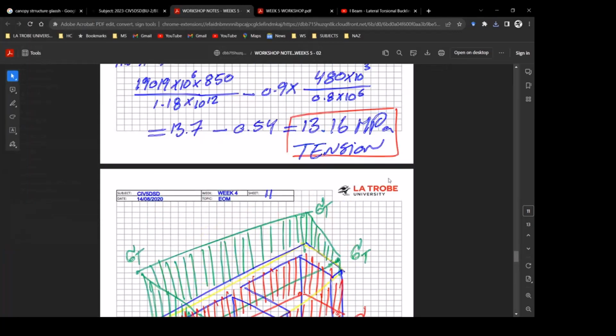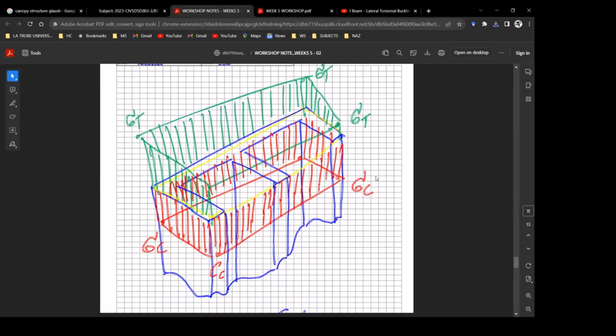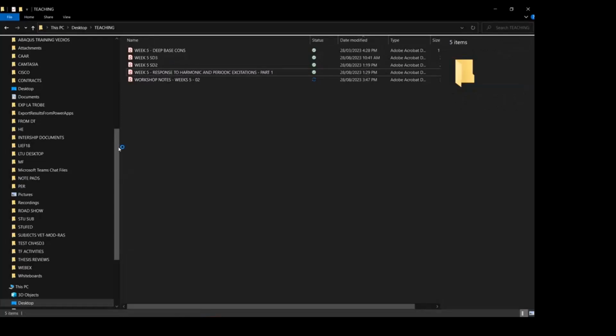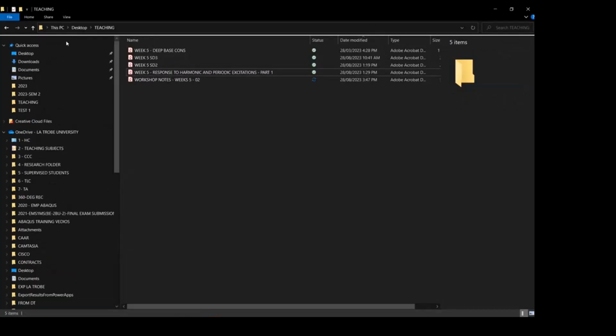Okay. Any questions about finding the IXX value?